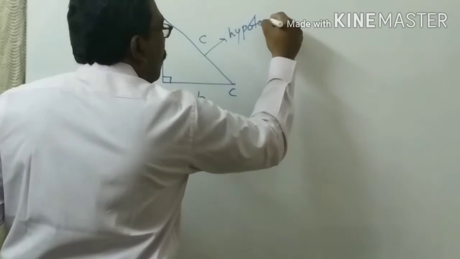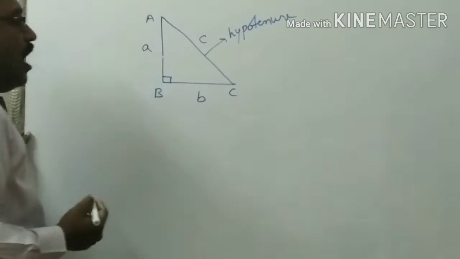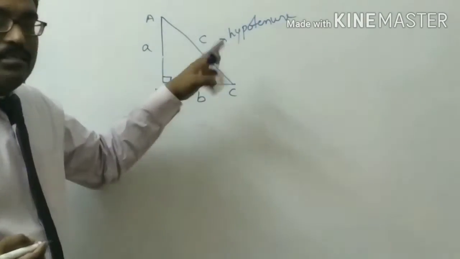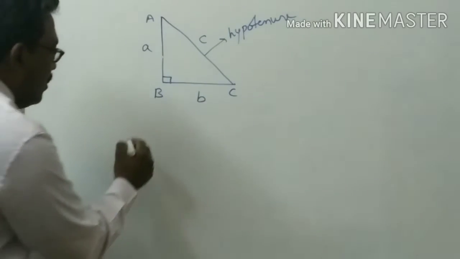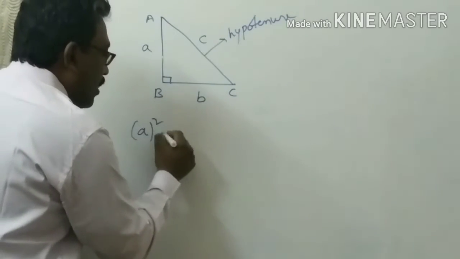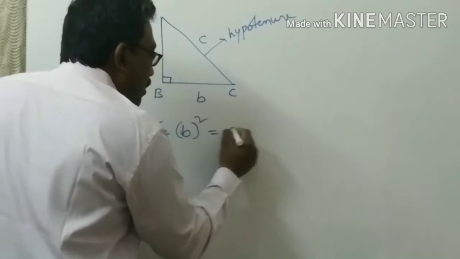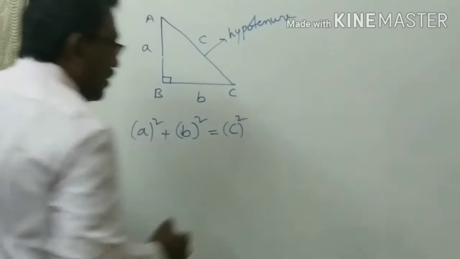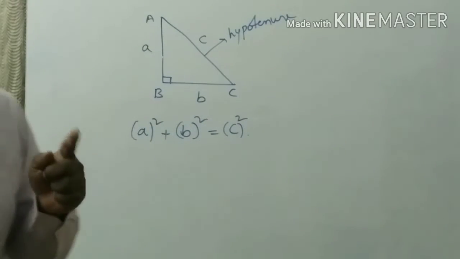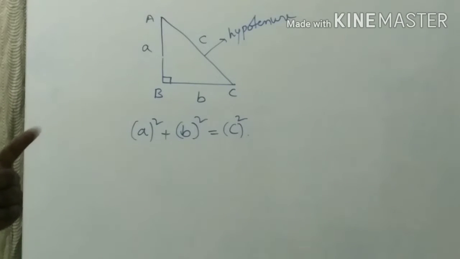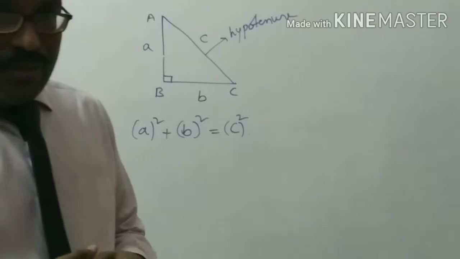That means A square plus B square is equal to C square. Side square plus side square is equal to hypotenuse square is called Pythagoras theorem.